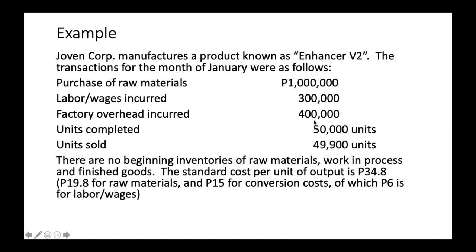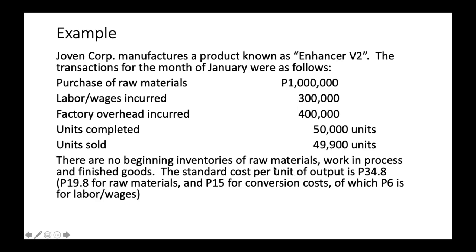Factory overhead incurred, 400,000, actual cost also. Units completed is 50,000 units. Units sold is 49,900. So here we understand there are unsold completed goods, therefore there are remaining finished goods in our inventory, and that is 100 units.